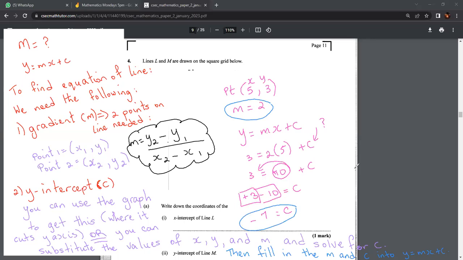So my equation will be y is equal to m, which is 2, x plus c. My c is negative 7. So the equation of my graph will be this. All I did was an example of what we'll do to find the y-intercept c if we don't get a graph.